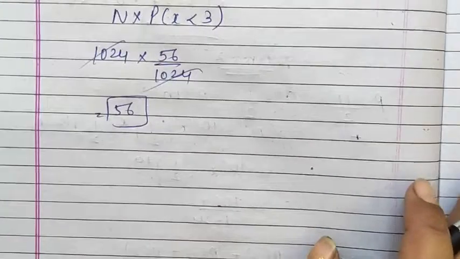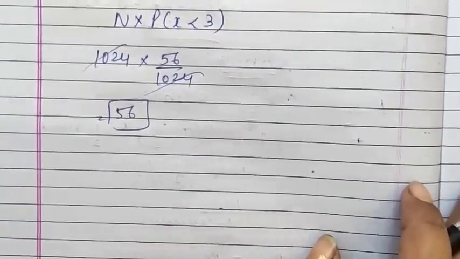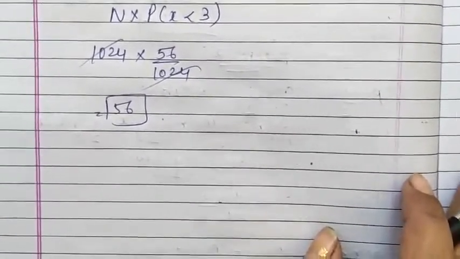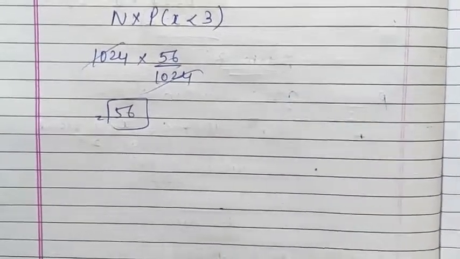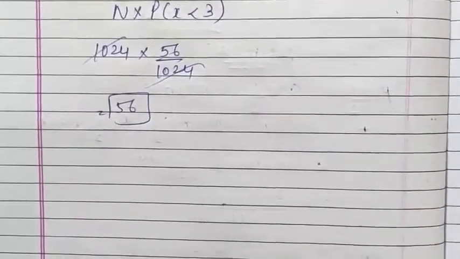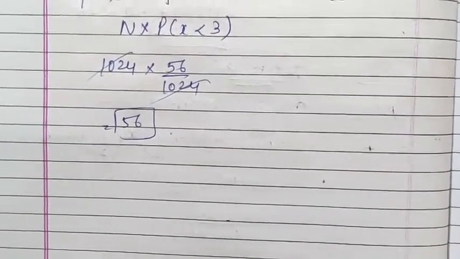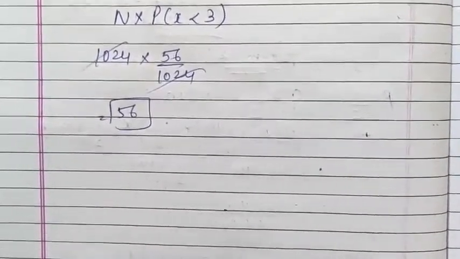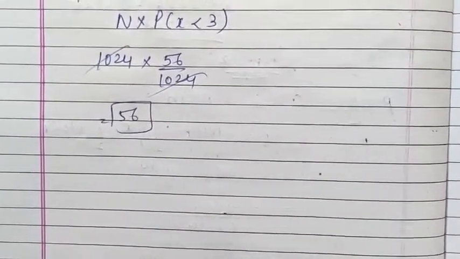and chapter number 2, that is random probability distribution. So assignment will be sent to you that you have to solve in homework book, and you have to complete this chapter in your file. Clear?